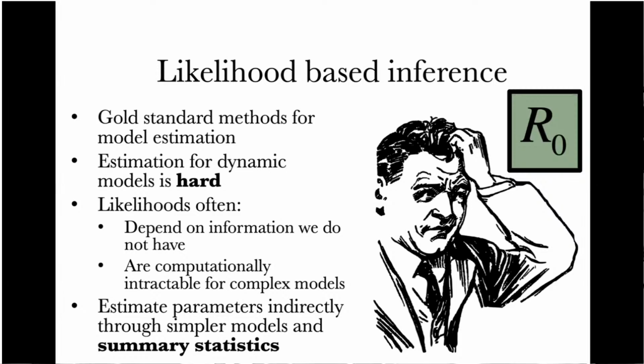And I'm going to take you through some ways of estimating R0 from early phases of the epidemic using some simple statistical methods, not dynamic models, which can at least be tractable in terms of how we can estimate them using some simple statistical models, like regression models, for instance.